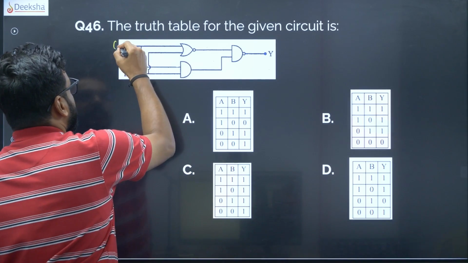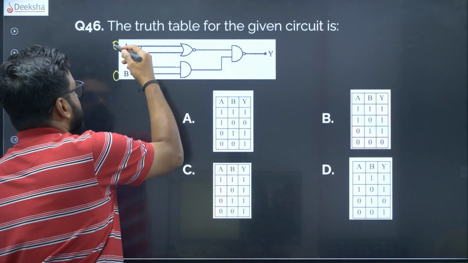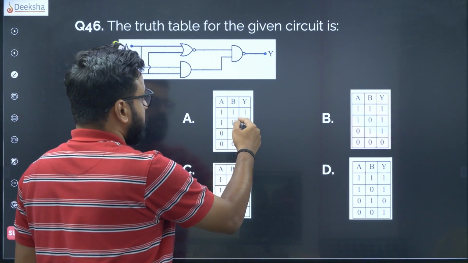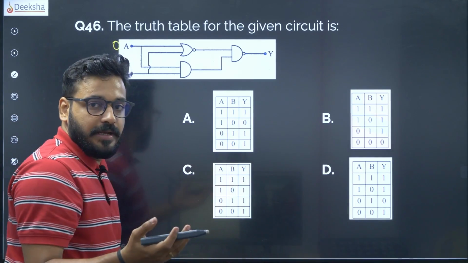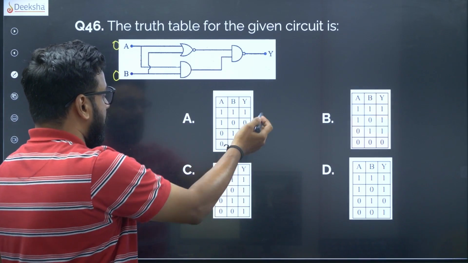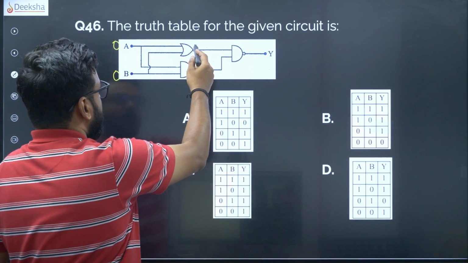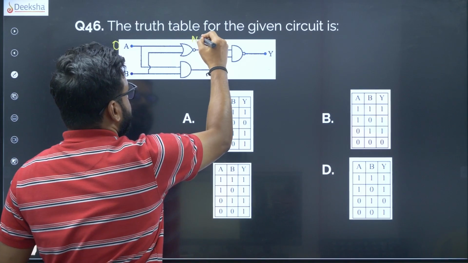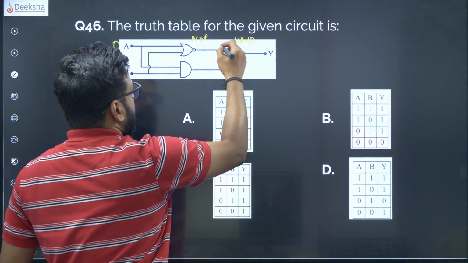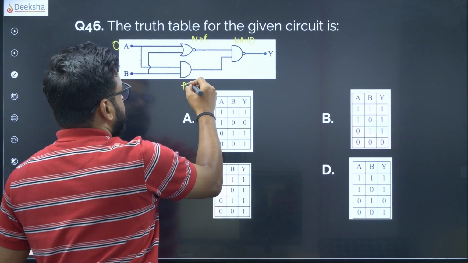So you can start by assigning values 0, 0 for both of them. See which of them matches and which doesn't match, and cross out the ones that are not the correct answer. Just try which one matches. So this is a NOR gate, this is a NAND gate, and this is an AND gate.